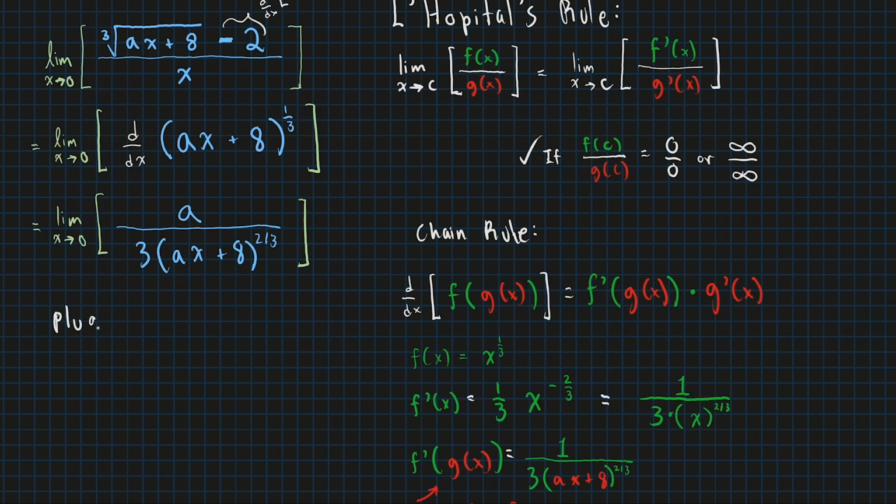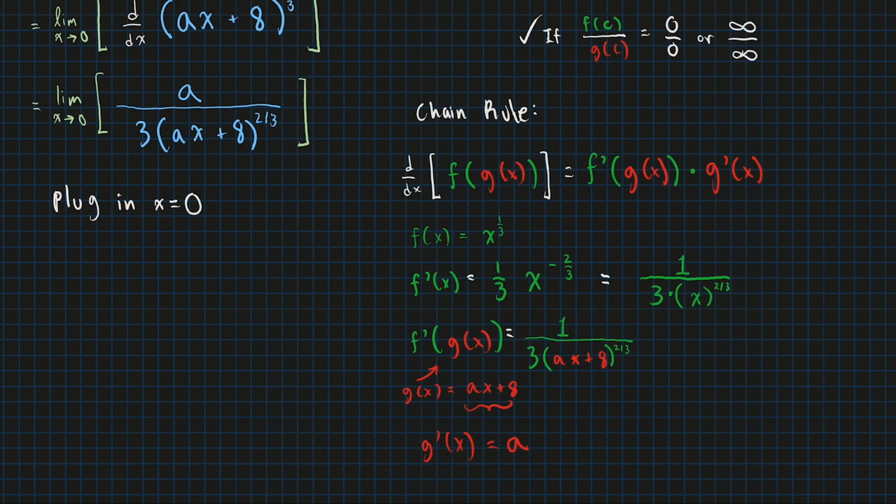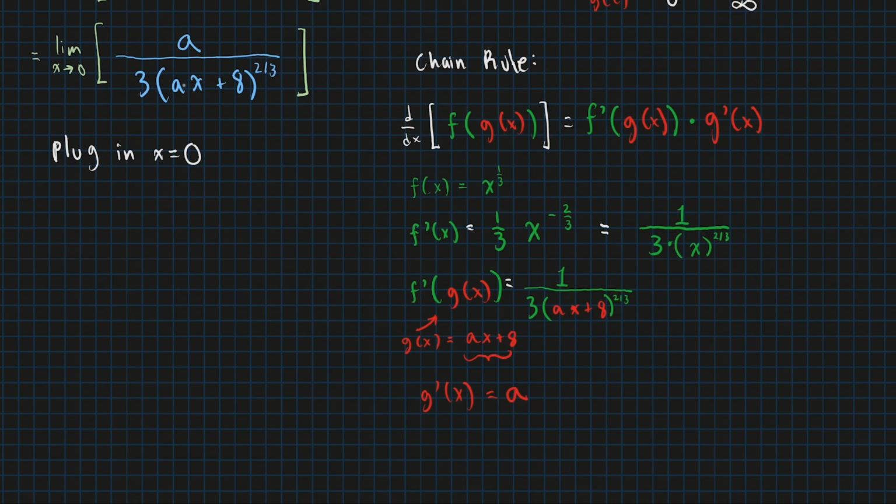So if we do that, in our numerator, the a will stay because there's no x attached to it this time. We will have a, and in our denominator, we have ax. So a times 0 is just 0. So in this brackets here, we'll just have 8.